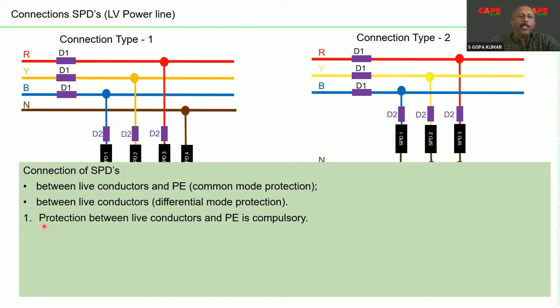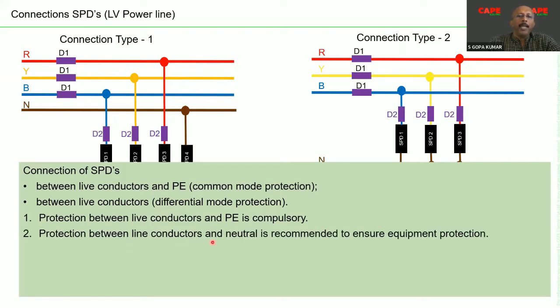The condition number 1 is protection between live conductors and PE is compulsory, especially at the origin of the installation. Protection between line conductors and neutral is recommended to ensure equipment protection. You see, at the origin of installation, the purpose of installing SPD is to divert the lightning threat or the lightning current.